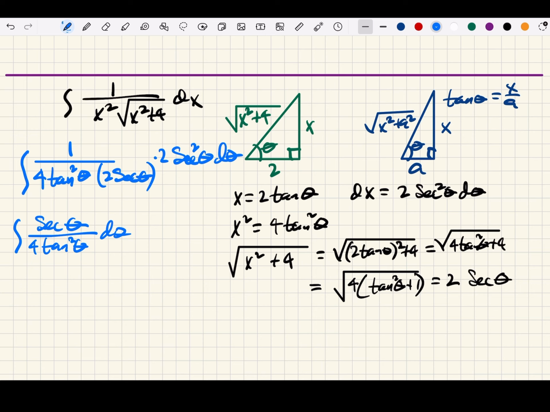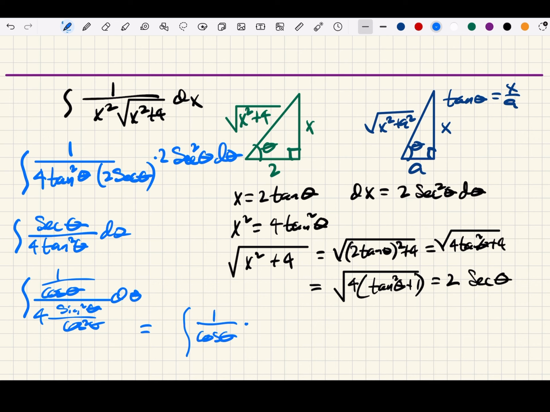So let's do that. Let's go 1 over cosine theta, and then 4 sine squared theta over cosine squared theta d theta. Okay, so where does that take us? That takes us to 1 over cosine theta, and then invert and multiply.